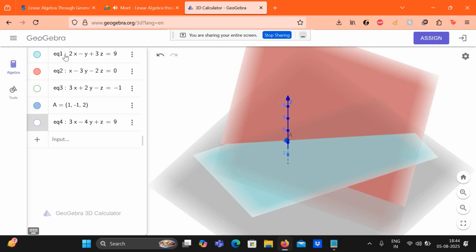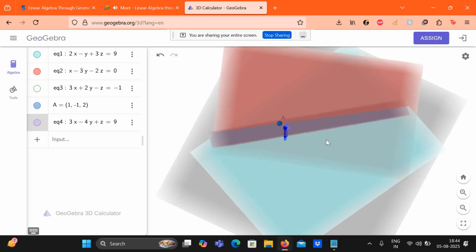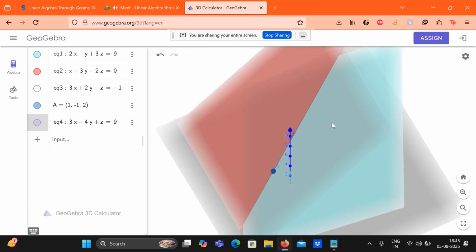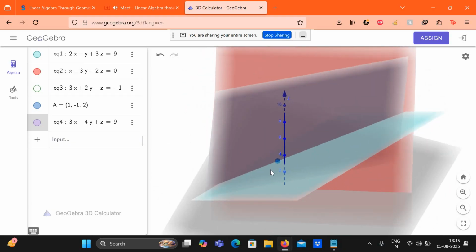Now, if I did the same as before, that is, I added equation 1 and equation 2, the equations for the blue plane and the red plane, I get this plane, and notice this. It is still intersecting through this entire line of infinitely many solutions.